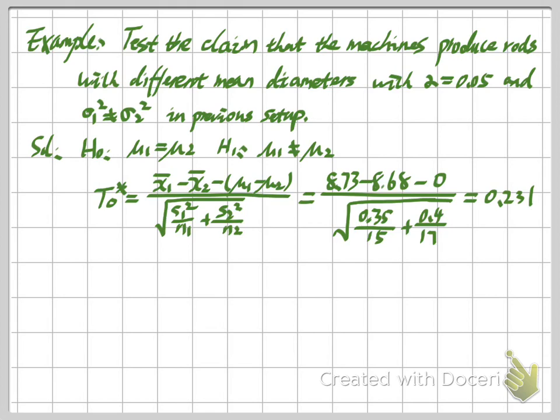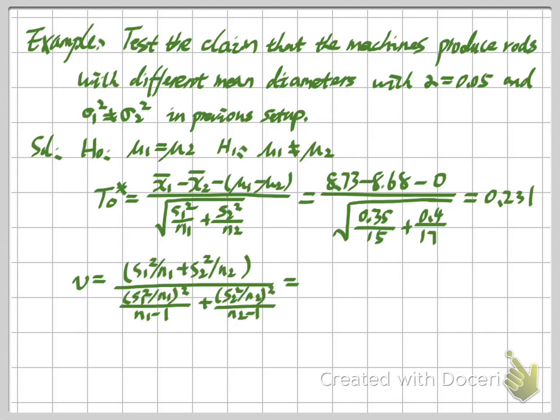And previously we already know the degree of freedom is very complicated, right? So instead of just using the T table, let's compute the degree of freedom V here. I already wrote down the formula for our degree of freedom V here.